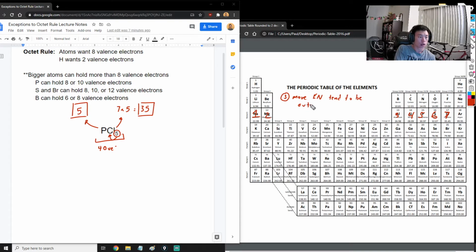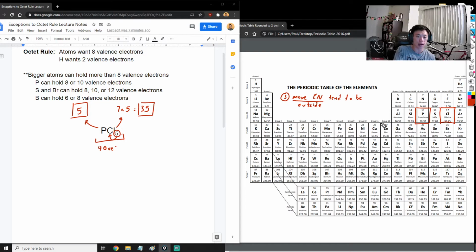So the more electronegative an atom is, the more on the outside they want to be. The two elements we're working with here are phosphorus and chlorine, and the one that is more electronegative wants to be on the outside.